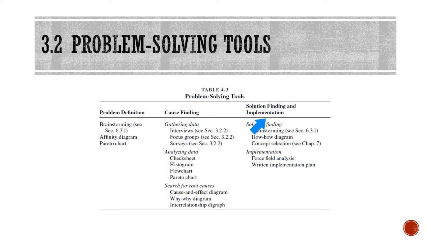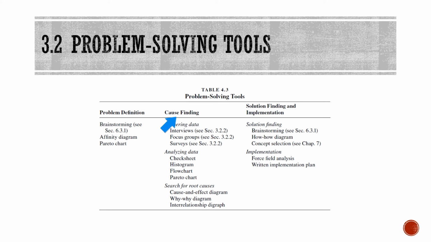Under problem definition, among the tools that we can use to identify the problem are brainstorming, affinity diagram, and Pareto chart.